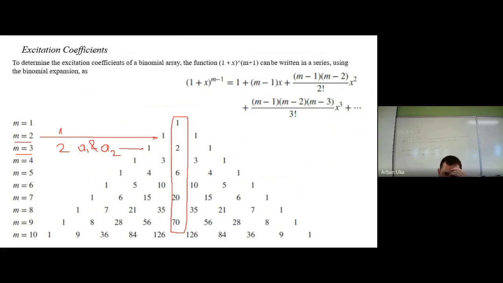A2 is here, and for A1, we have 2A1 is going to be equal to 2. We should always expect a relationship like this: 2A1 is equal to the central terms.